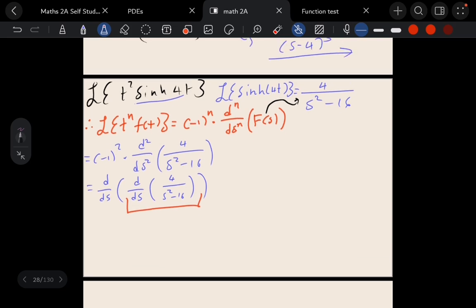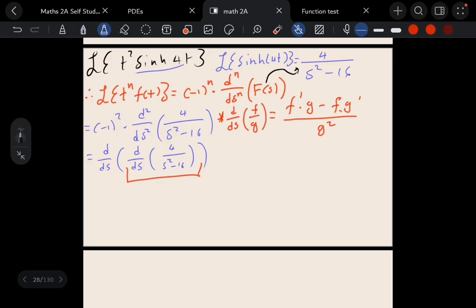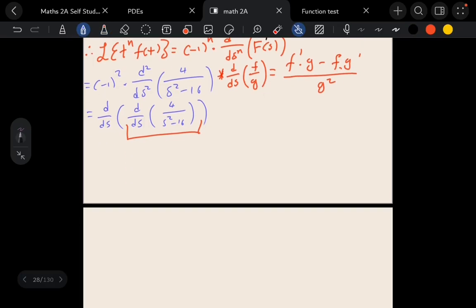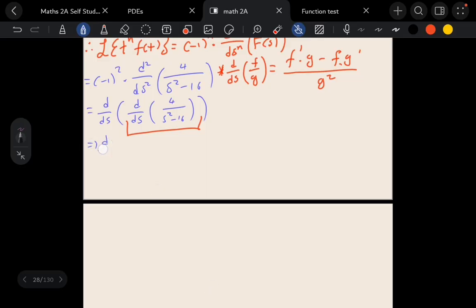We need to remember a particular formula again: the quotient rule. I'm just going to keep reminding you of these formulas for a particular reason, because I do not want you to forget them. So again, by deriving that, I'm going to have d over ds in brackets: what's the derivative of 4?